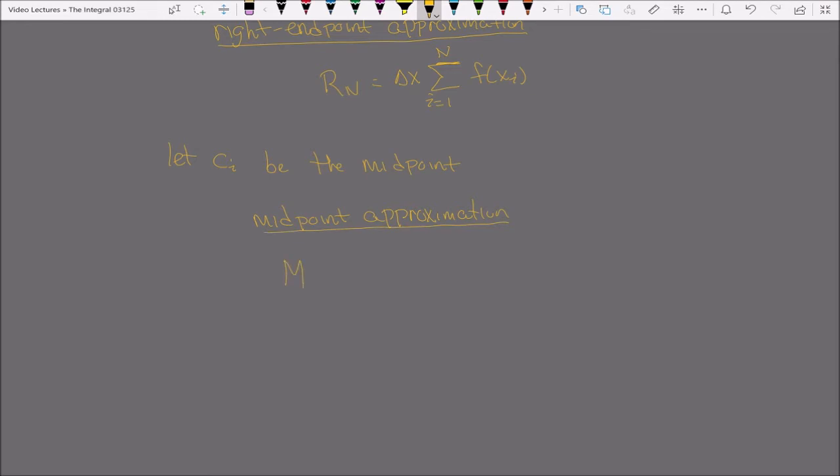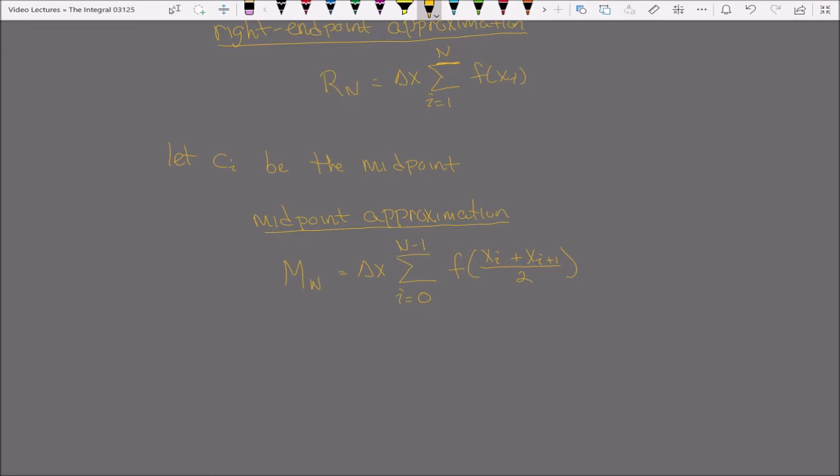And that is given by m sub n is equal to delta x times the summation i equals 0 to n minus 1 of f of x sub i plus x sub i plus 1, all over 2.